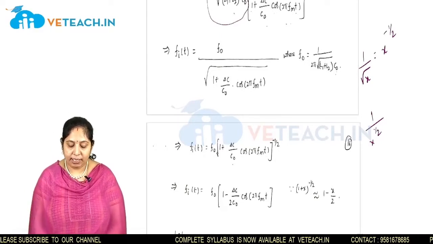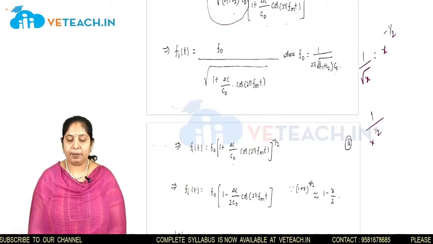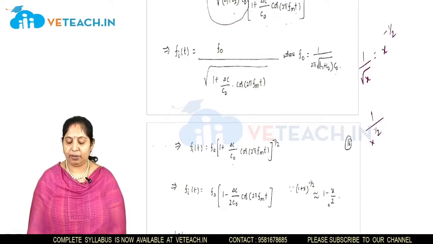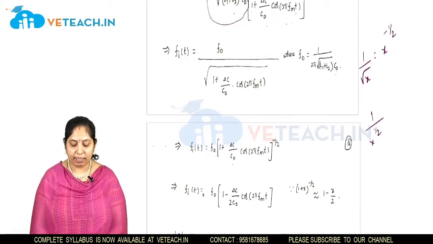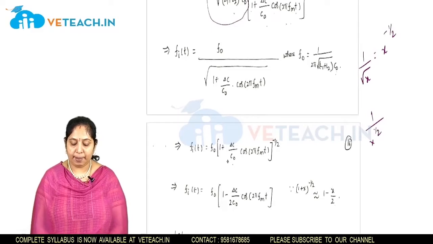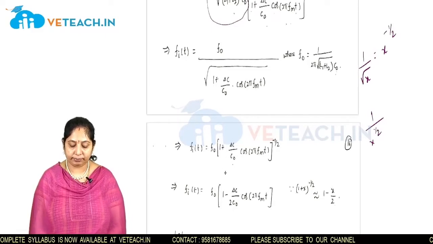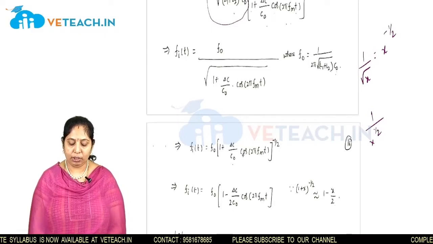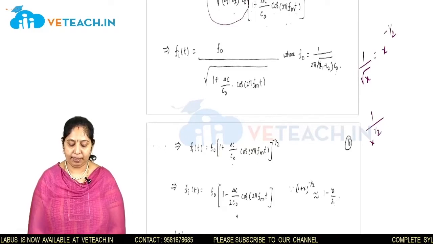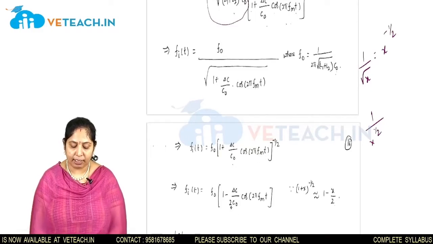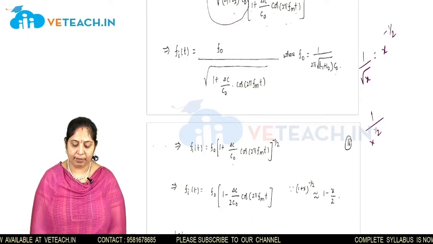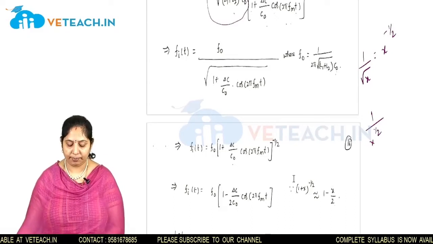Fi of t is in the form of (1 plus x) whole power minus half, which is approximately equal to 1 minus x by 2. So that is equal to F naught into (1 minus x by 2), where x is delta C by C naught into cos of 2 pi Fm t. What is delta C by C naught? It is approximately equal to delta f by f naught.